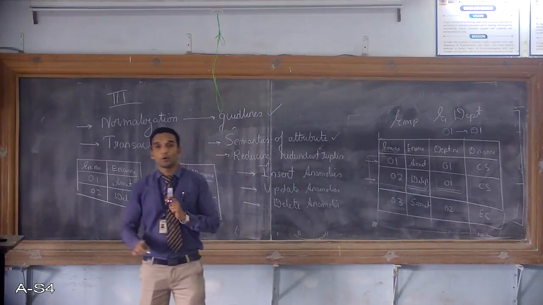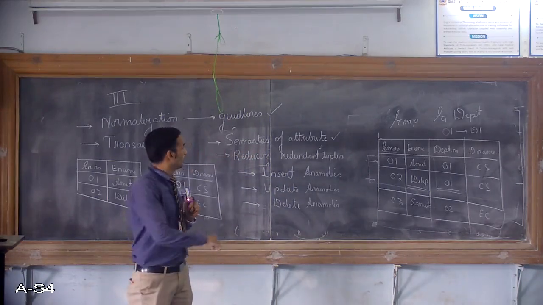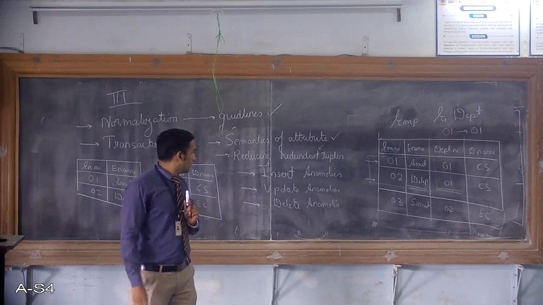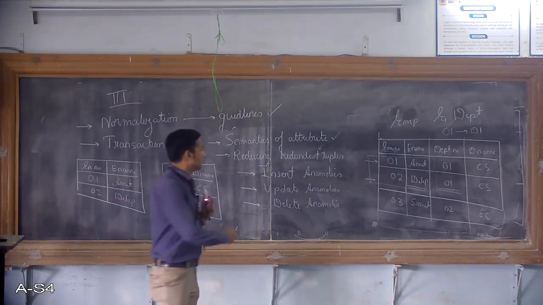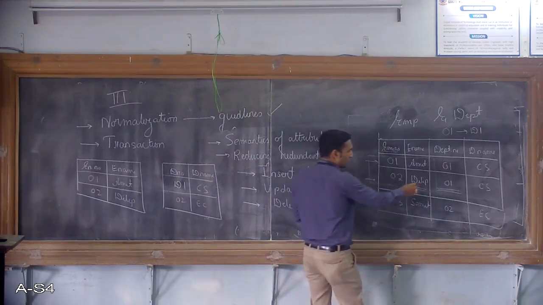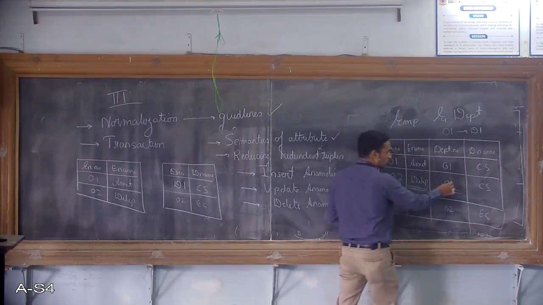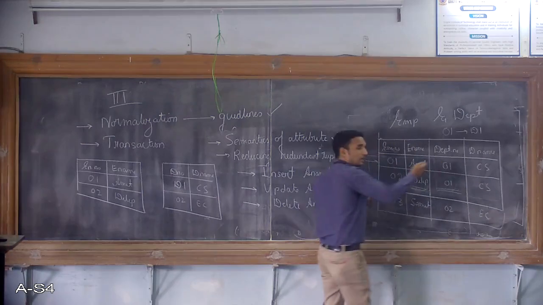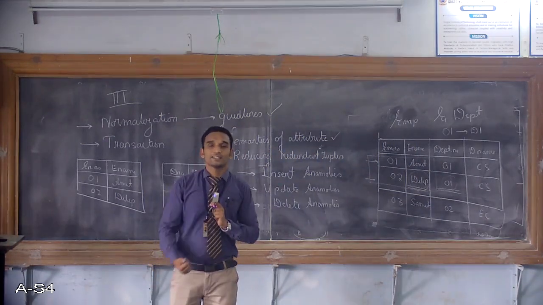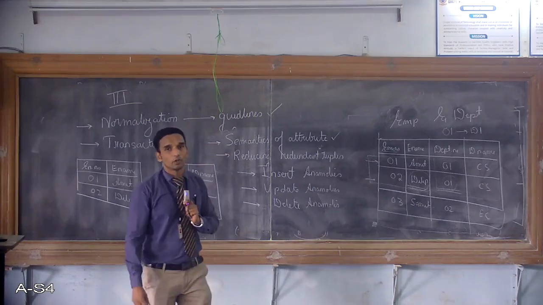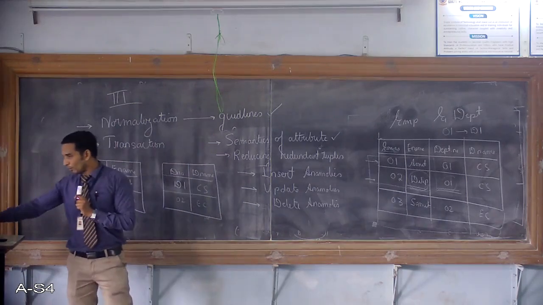This is the problem which is caused by redundant tuples. In delete anomaly, even if I try to delete Dilip, I should also delete this department, but other people are there who are working for the department. So this is called delete anomaly, or delete problem.